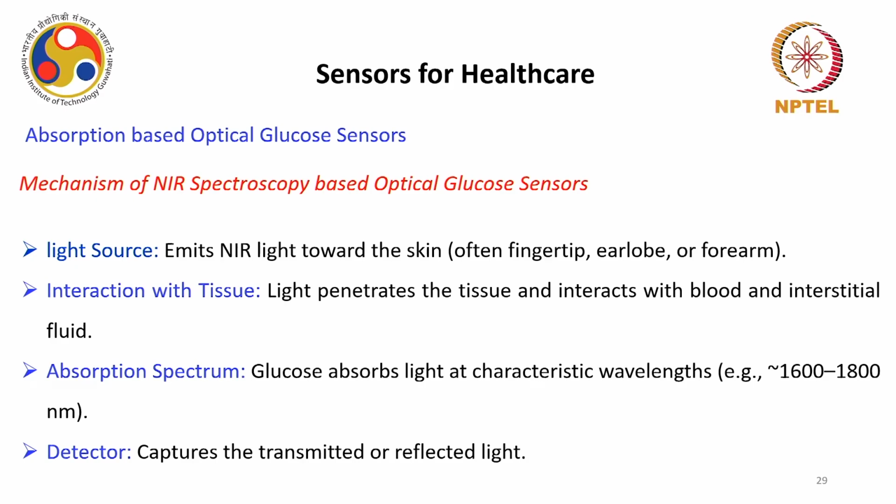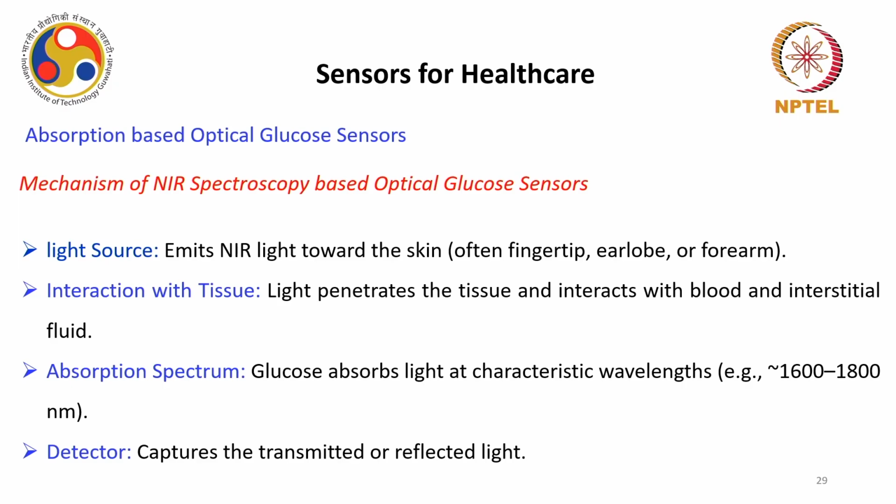Okay. The mechanism of NIR spectroscopy based optical glucose sensor is pretty simple. You have a light source which emits the NIR light towards the skin. Okay. It can be mostly on the fingertip or at the forearm, depending on what kind of tissue you are targeting. Okay. Then this NIR light interacts with the tissues. So, light penetrates the tissue and interacts with the blood as well as the interstitial fluids. Okay.